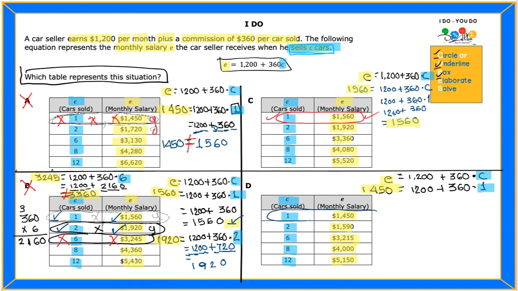Like these are the values that we got here, right? We do the operations and we already know that 360 times 1 is 360. And we know that if we add 1,200 plus 360, because we did it on the top, you see on choice C, we already did it. And we know this is going to be 1,560. And this value is not the same as the 1,450 we needed. So this value didn't work. So we cannot pick D.